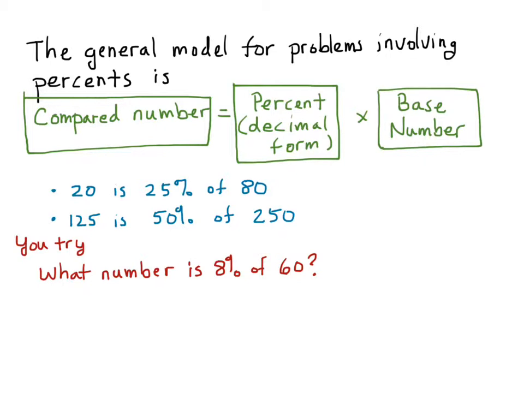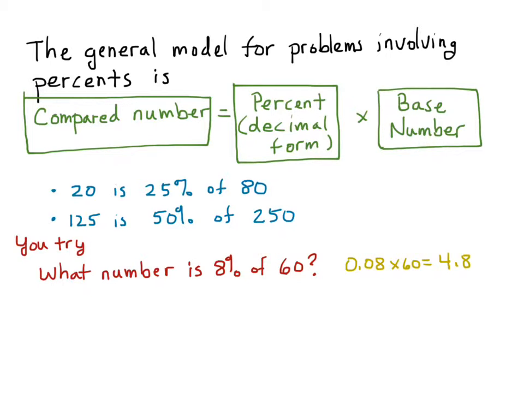I'm going to take 8% of 60, so there's your multiplication. It's going to be 8% times 60. Okay, I'll let you do the calculation there. Anybody get the calculation? Yes? Is it 4.8? 4.8, great. Okay.